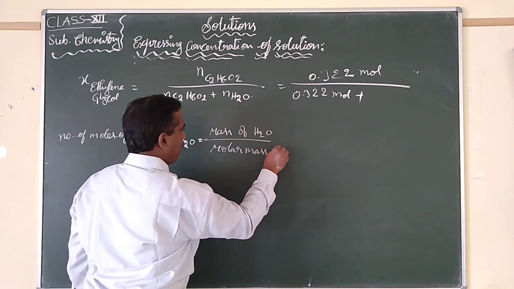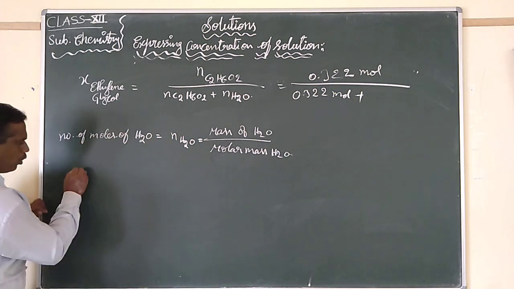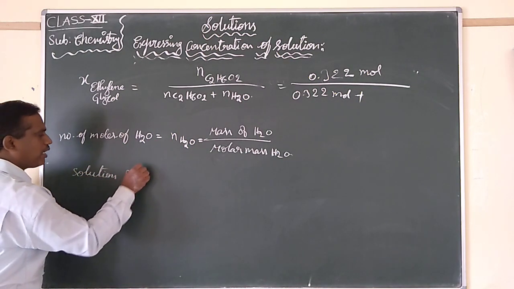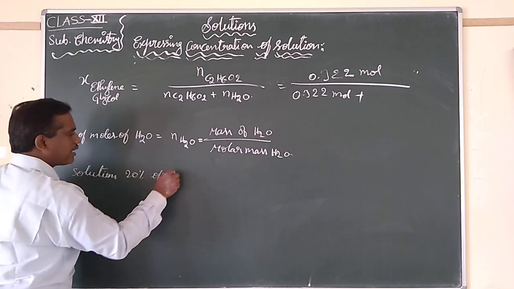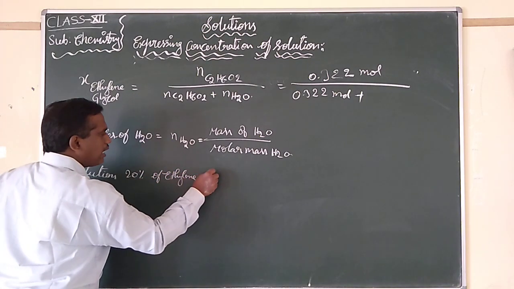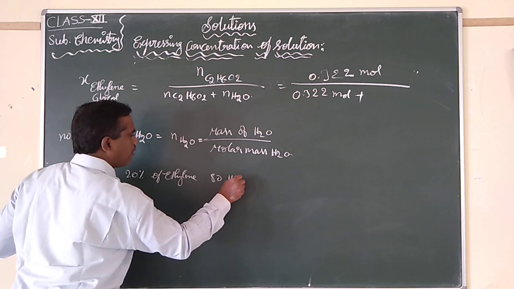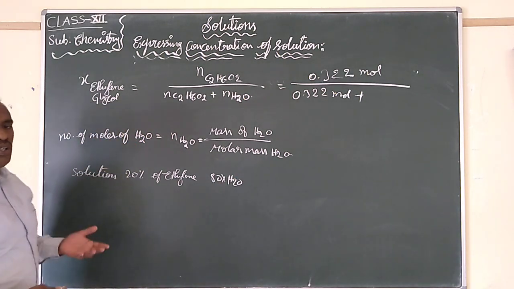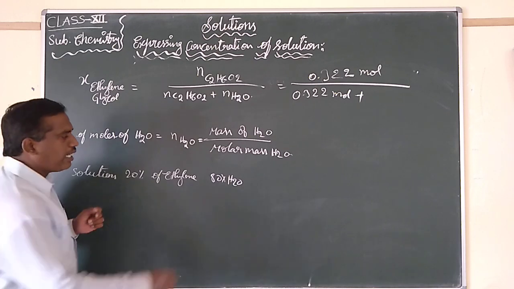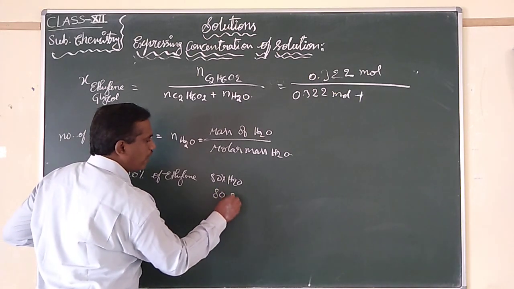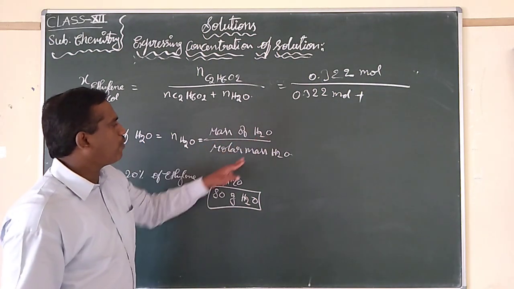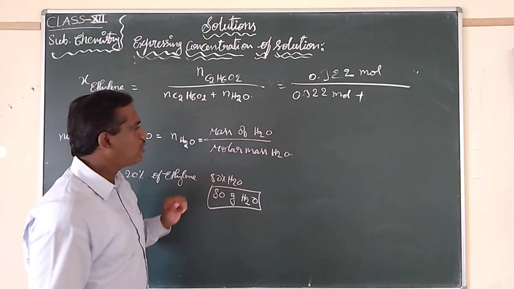Here the solution is having how much percentage of ethylene glycol? 20% of ethylene glycol, which means the remaining 80% is water. Out of the solution, 20 grams of ethylene glycol is there and 80 grams of water is present. This is the mass of the water we need to find out from the solution.